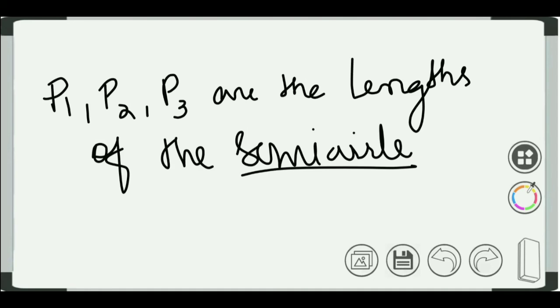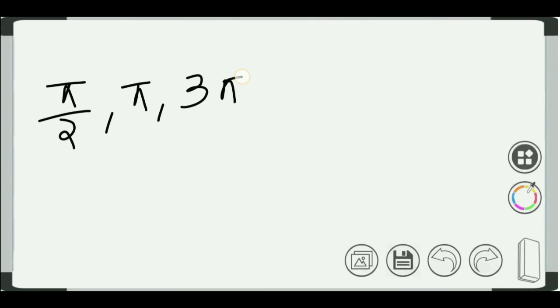Now we got the series. This is in the form of AP. First you got pi by 2, then you got pi, then you got 3 pi by 2. Then it goes on.